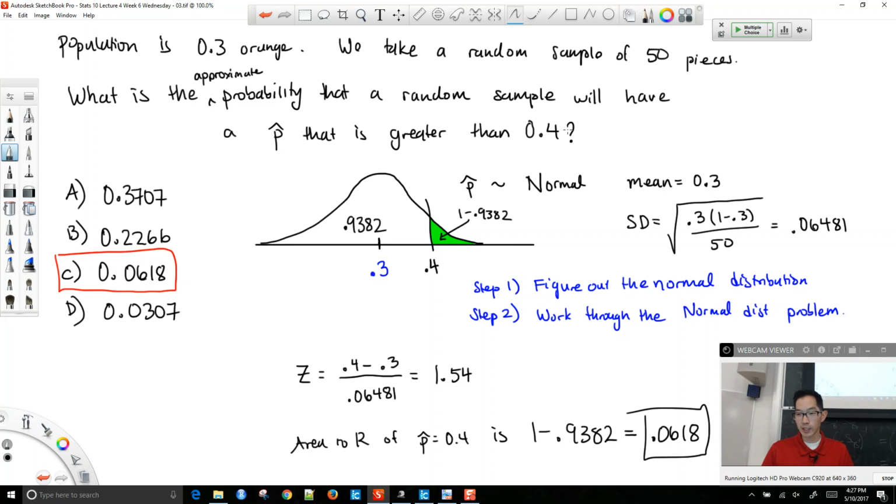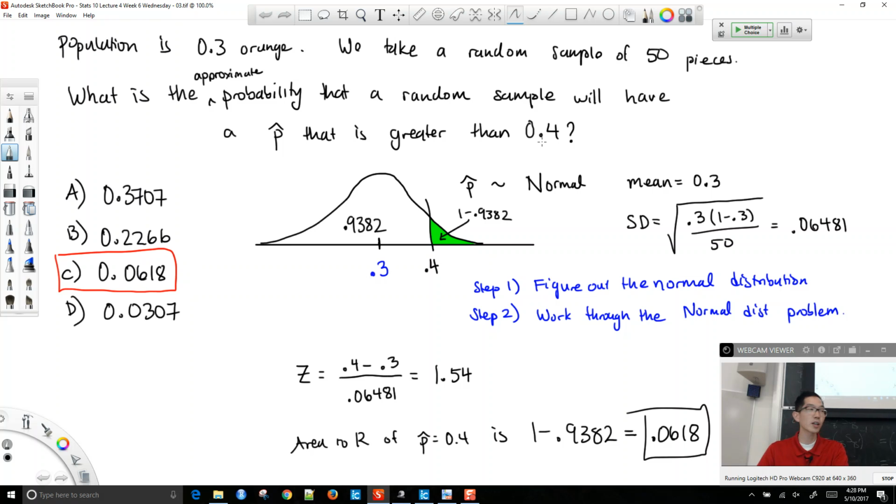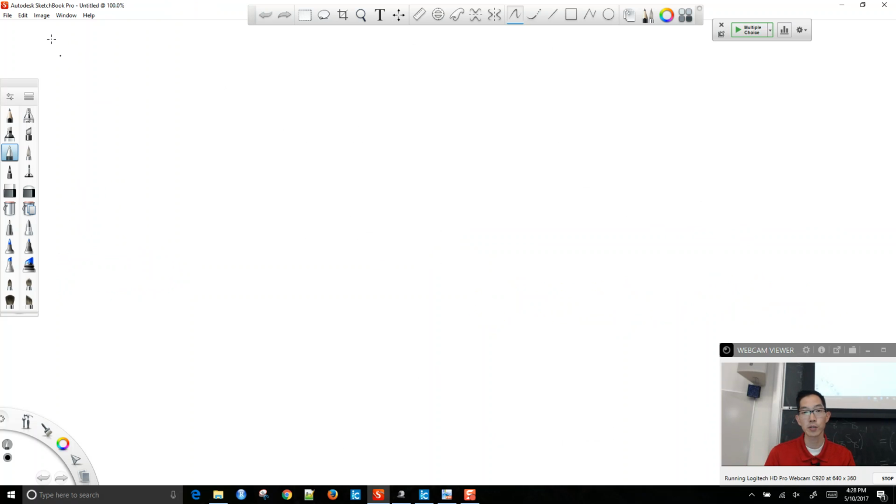Okay. When we talked about the central limit theorem, we said the sampling distribution of p-hat and x-bar can be approximated with a normal distribution as long as certain conditions are met. So let me talk about those conditions that must be met for us to use the central limit theorem.